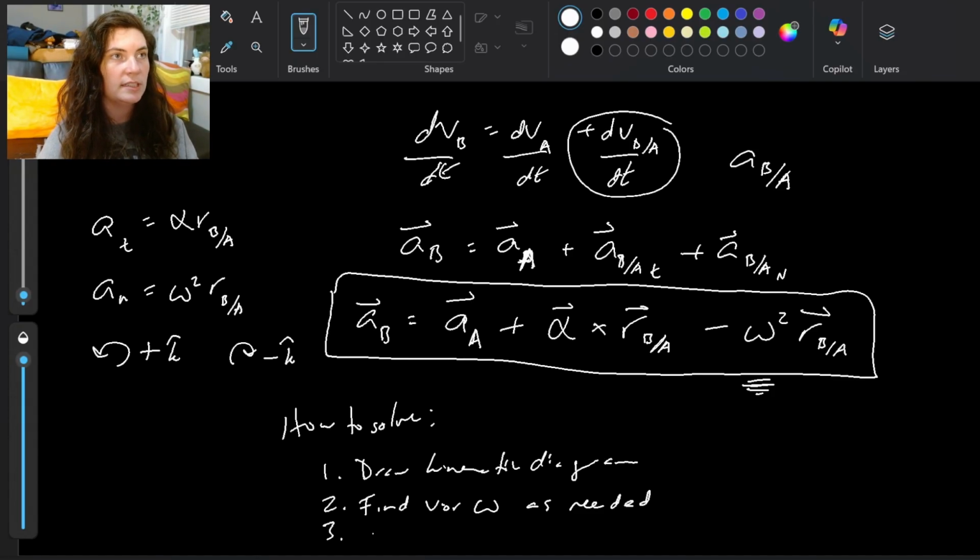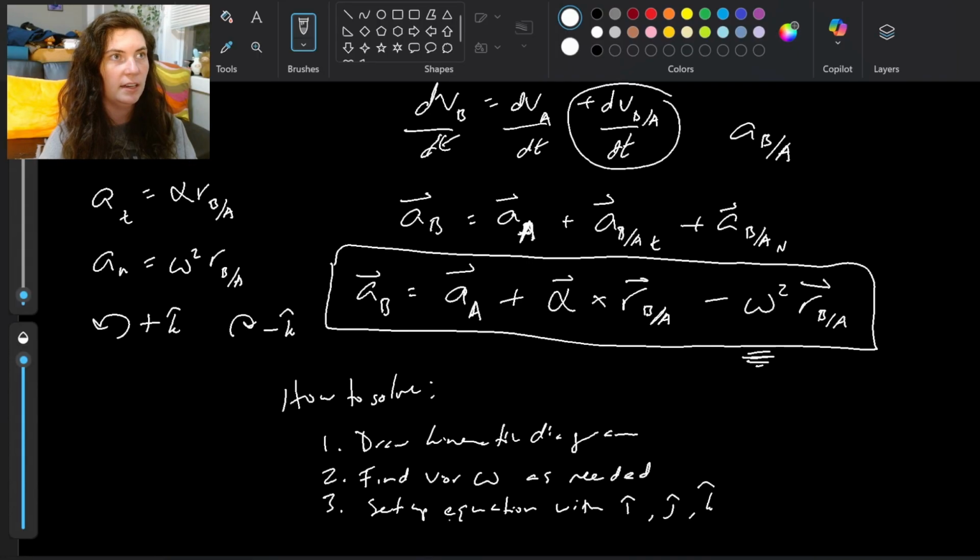And then we will set up our equation with our Cartesian vectors, so that's our i, j, k, so that way we can then separate out our i equation and j equation into two equations.